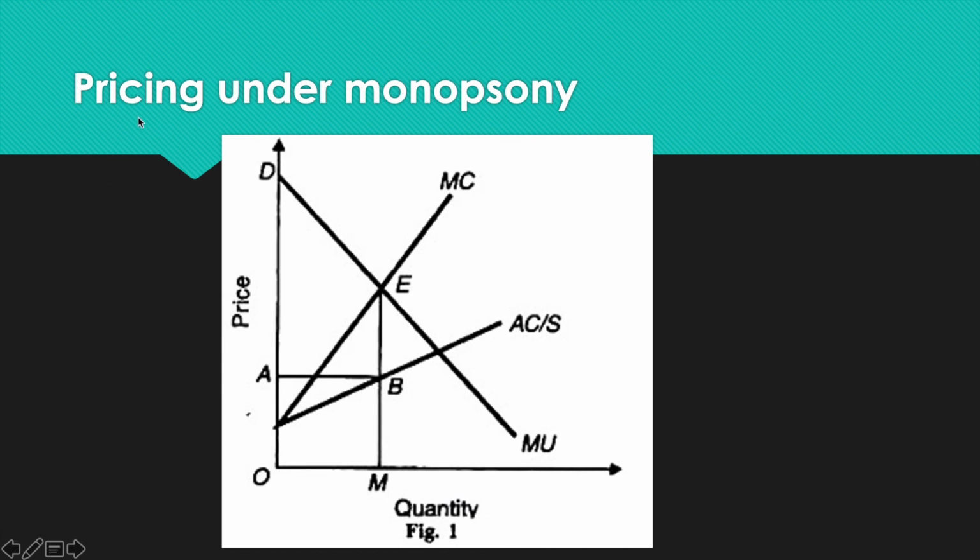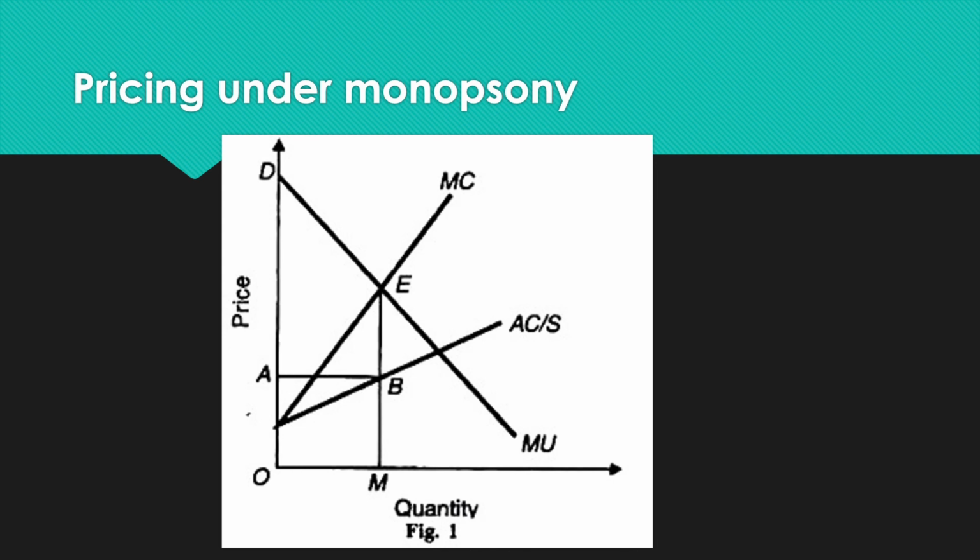So finally, to end, I'm going to explain the pricing under monopsony, which is very similar to a monopoly, because just as a monopolist is able to influence the price of his product by the amount he offers for sale, similarly here the monopsonist is able to influence the supply price of his purchase by the amount he buys.